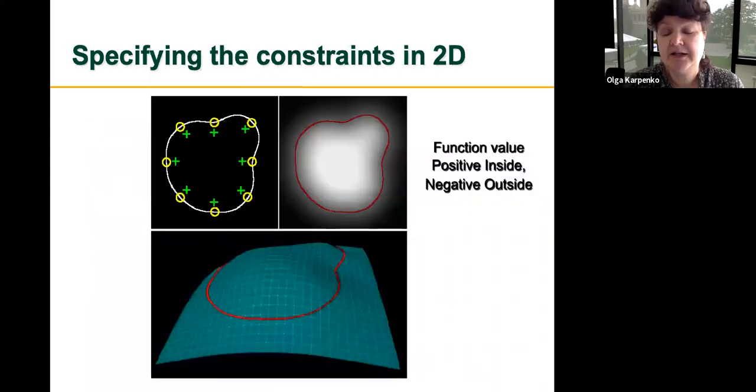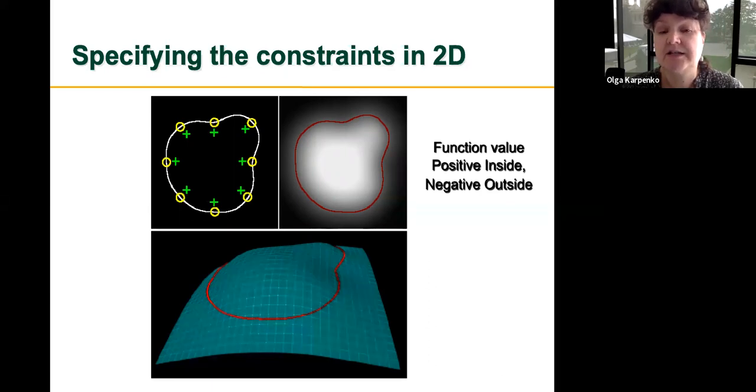That's the idea. So if we look at it in 2D, for us it's 3D, but at 2D it's a little simpler. So imagine that we have those little yellow circles, and we say, okay, for those points, we want the function to pass through them. Okay, and then there are these points that are slightly displaced along the normal to the contour. I show them by pluses, little green pluses. Those constraints are different kinds of constraints.